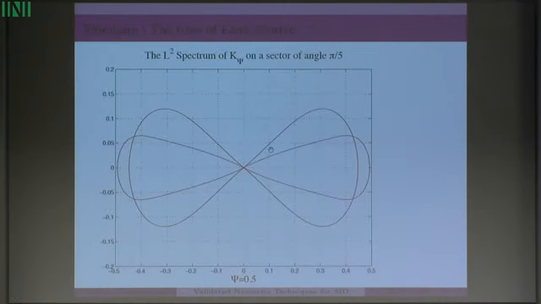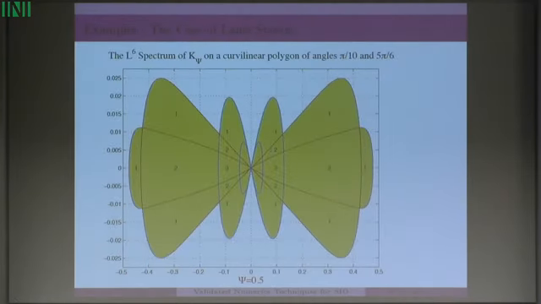This is how the picture changes in the case of a single sector. Now we have two curves. And let me also do a curvilinear polygon. Imagine that I have two angles, pi over 10 and 5 pi over 6, and I smooth this jointly so as to not introduce any other singularities.